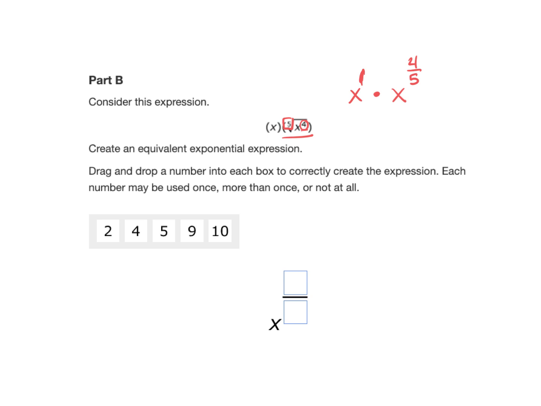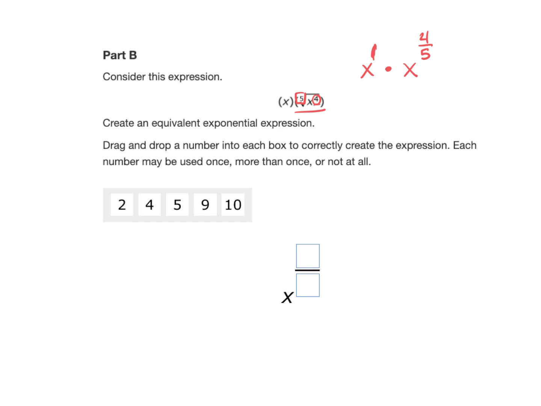Now we're multiplying, okay? And when we multiply, we add exponents, okay? So as to show a simpler example, if I have x cubed times x squared, okay, that's the same as x to the 3 plus 2, or x to the 5th.